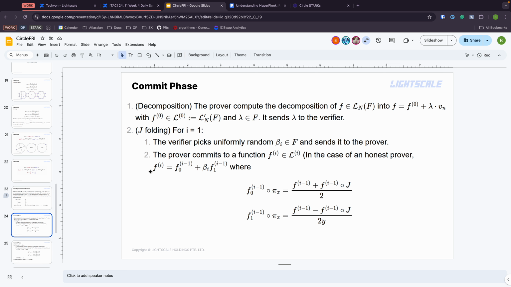So this is J folding, right? So in the J folding, if you see this, it's gonna be X, Y. This is like the X projection, so it's gonna be F0 X here.